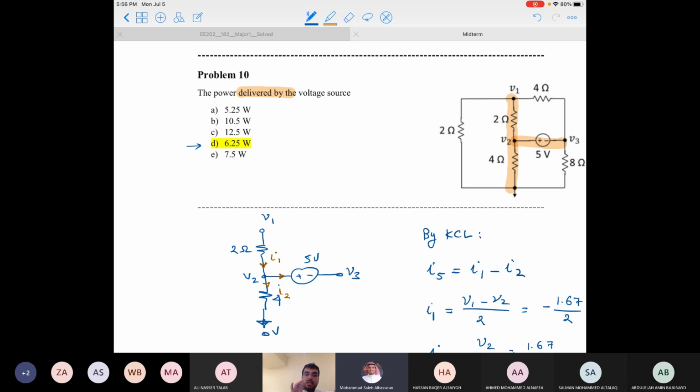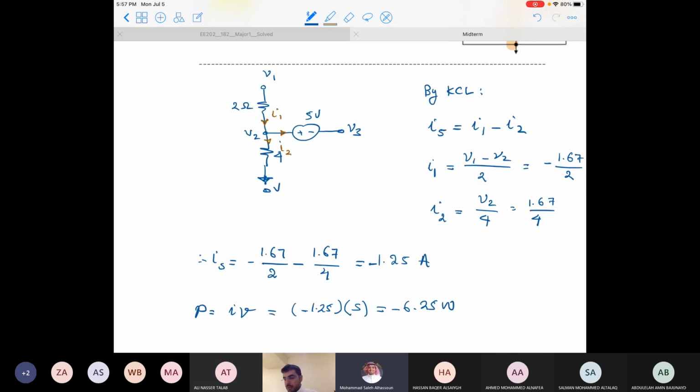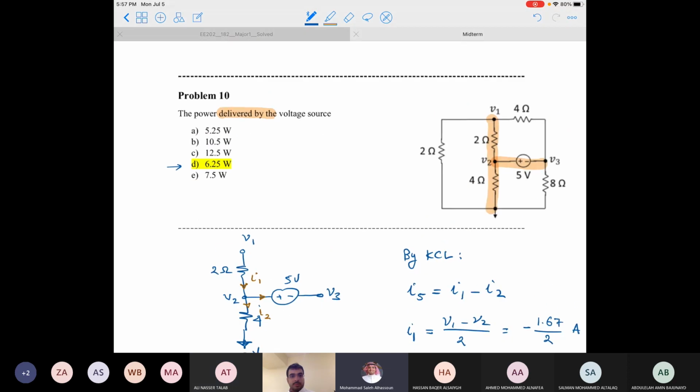Here I'm assuming that the power is delivered. So this is the underlying assumption. Then you solve the problem and you found that the power is actually negative, which means that my assumption is correct. So you tell me that your assumption is correct by saying that it's positive, and you're giving me the value.